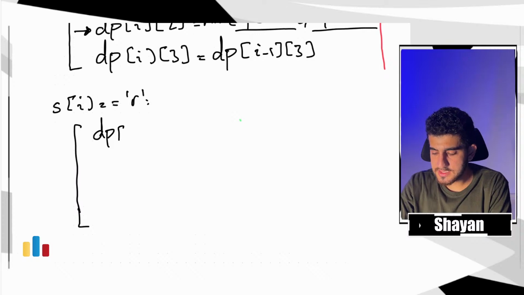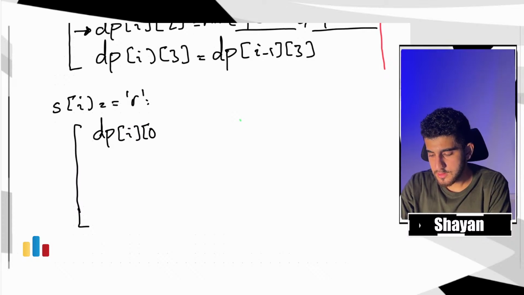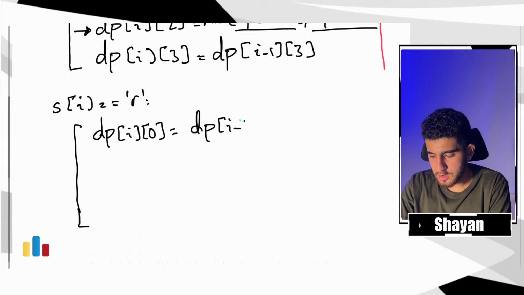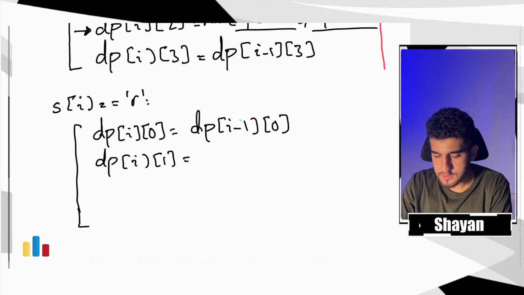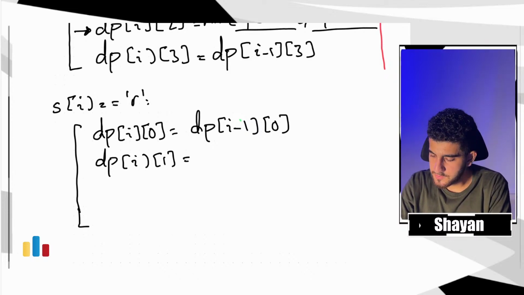Again, dp of i and 0 has no effect, because it's R and we do not care about R. What about dp of i and 1? It is also the same, because it has no effect.